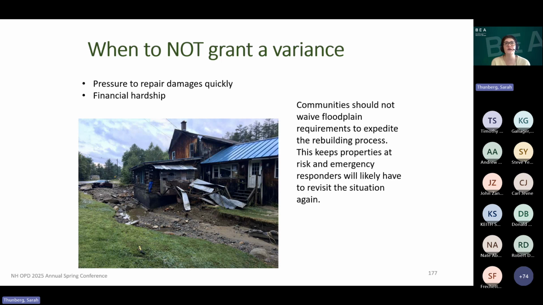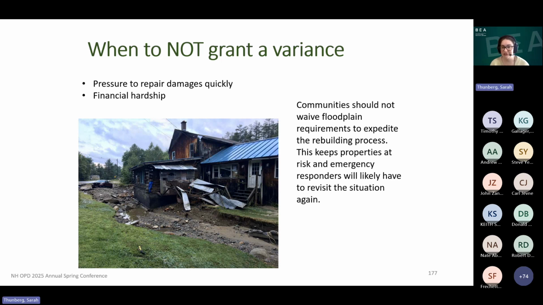So there is something called a substantial damage determination. You might have heard of it. This is a requirement by FEMA: if there is a structure in the floodplain that has been damaged by more than half of its value, the community is expected and responsible for making a determination of whether or not the damage was actually 50% of the market value.